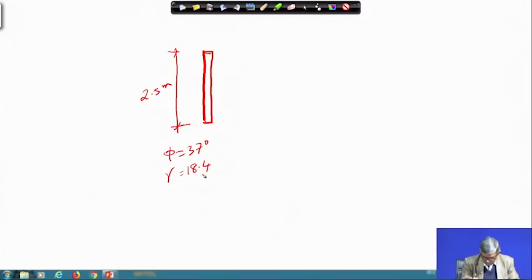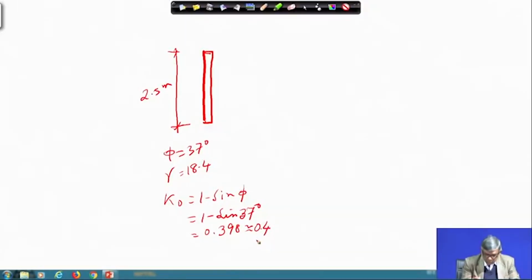This much information is required, nothing else is required. So, here we know K naught equals 1 minus sin phi. So, 1 minus sin 37 degrees gives you 0.398, or equivalently I can take 0.4.